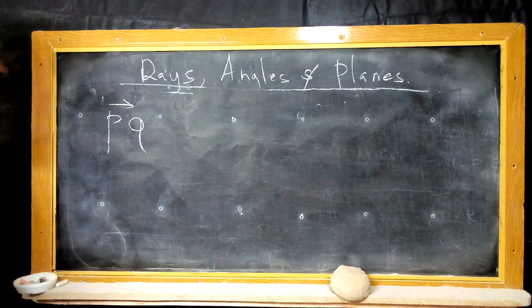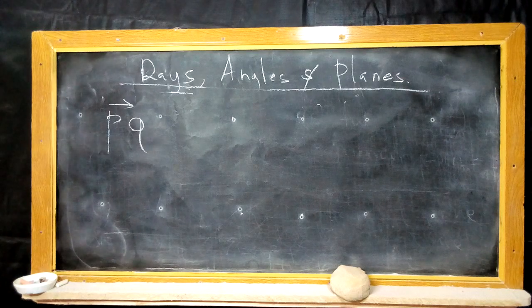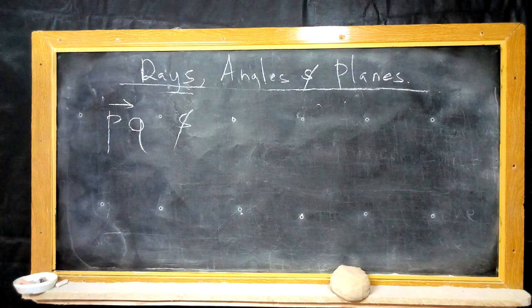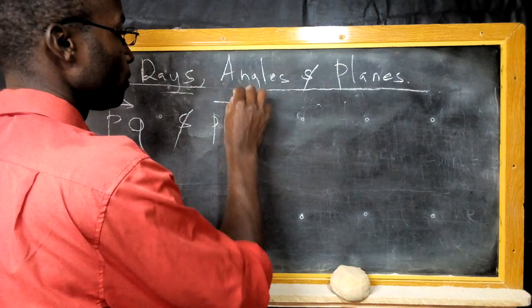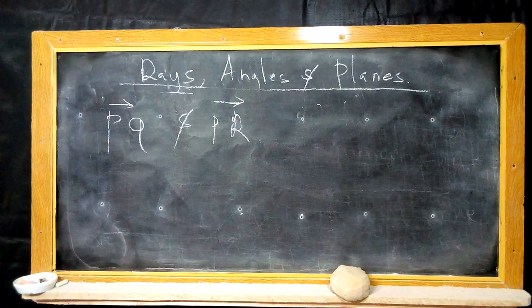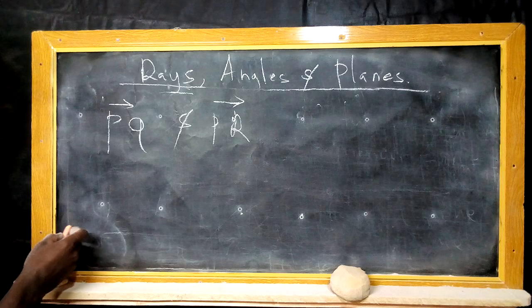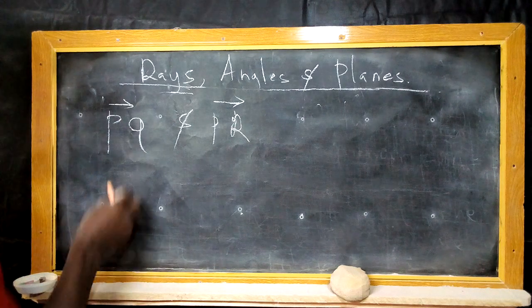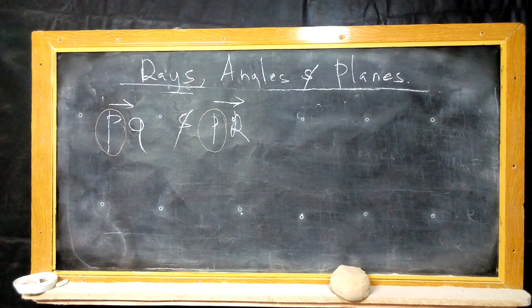Of course, now that we have shown that we're indicating them like that to show the line of travel from one point to the other, it continues infinitely. And there's another one that is from point P to R. So in this case, we're going to see that the letters used to denote these two rays have got a common letter P.